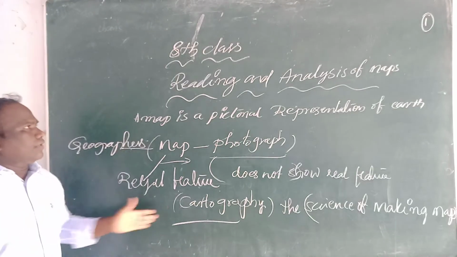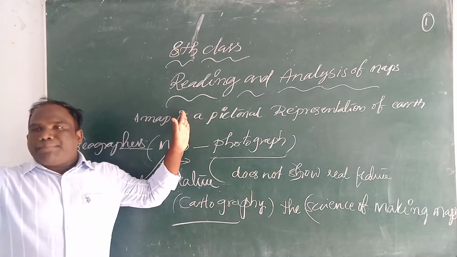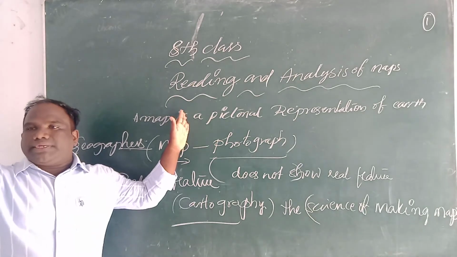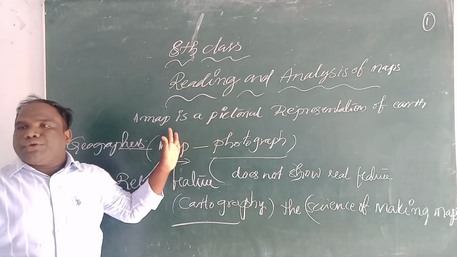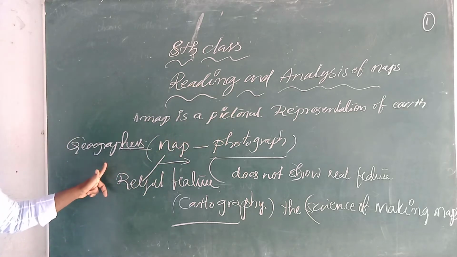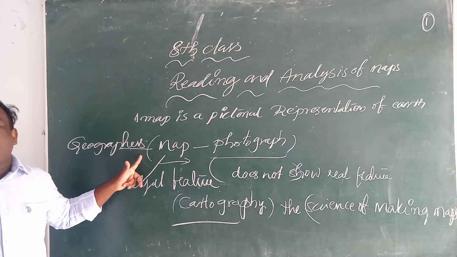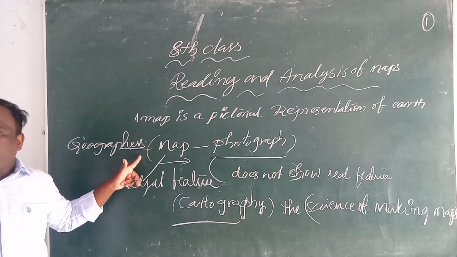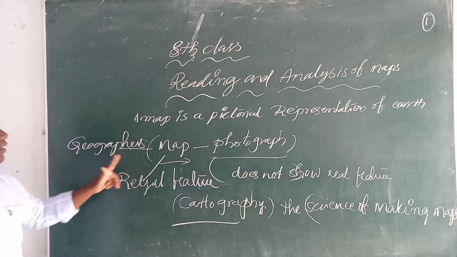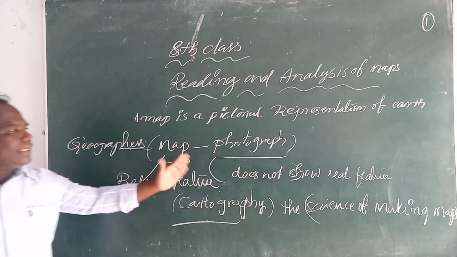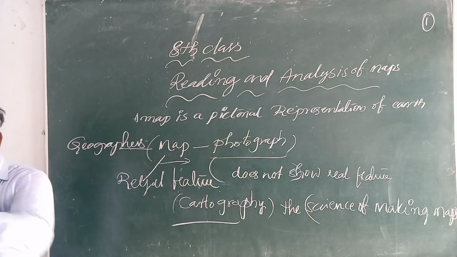So I will repeat once. What is a map? A map is a pictorial representation of the earth. Who uses the map? Geographers. Who is a geographer? A person who studies the physical features of the earth.